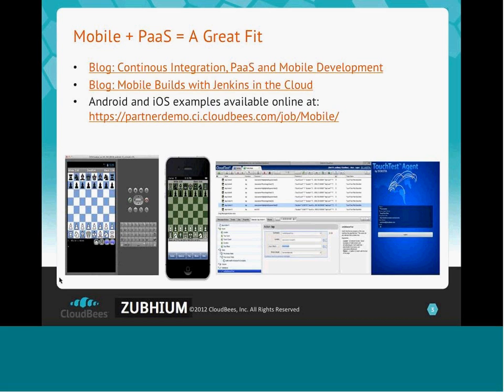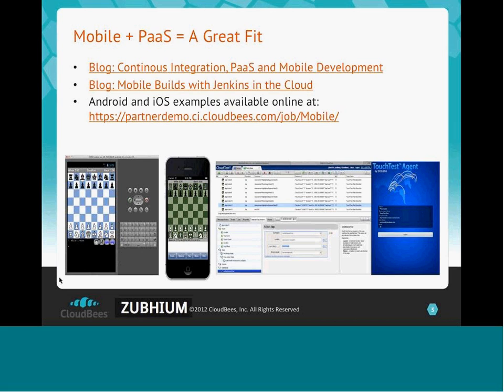You can use either CloudBees hosted code repositories, or you can use GitHub. You can use a variety of different repositories. If you use local repositories for development, again, you can integrate with those using Jenkins plugins. We also have online some examples of actually how to do this.